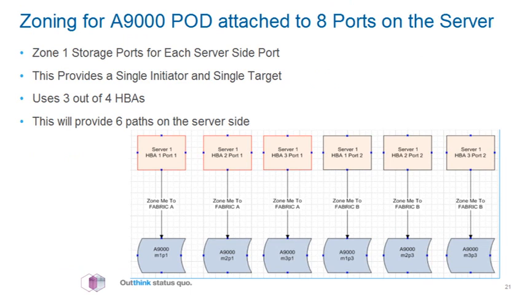We've done that again to simplify the zoning and cabling. Really, anything beyond 2 HBAs, you're unlikely to be able to push with a single system. So there is little, if any, performance impact by dropping out that 4th HBA. And that provides 6 paths on the server side.